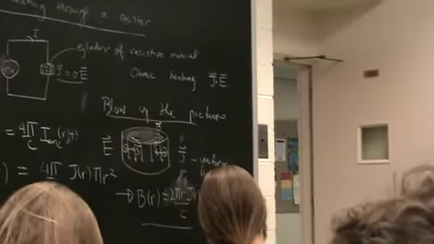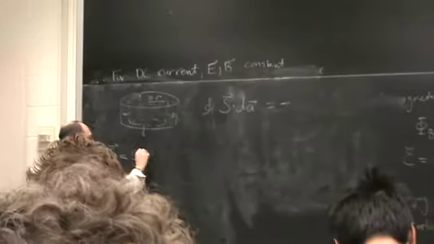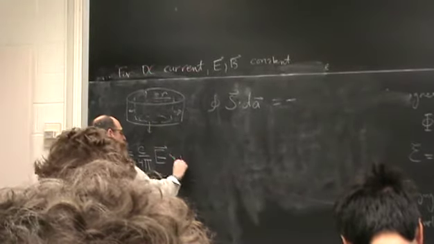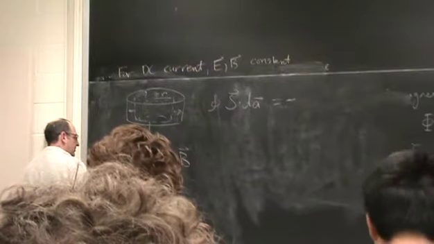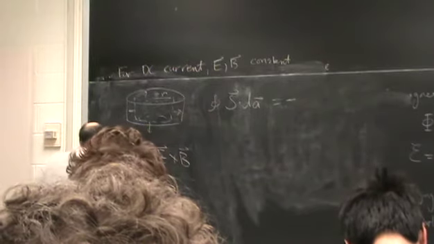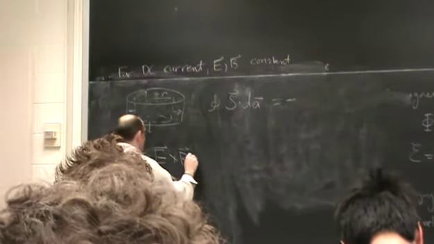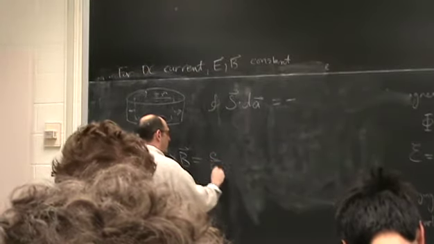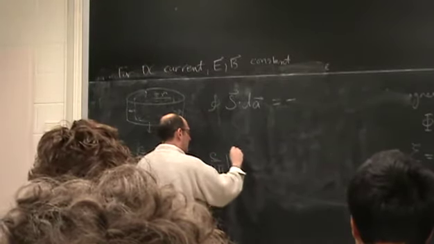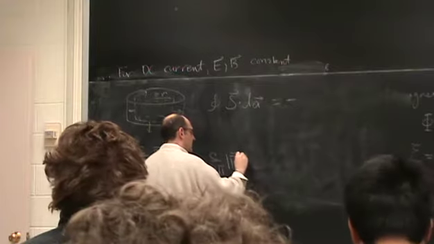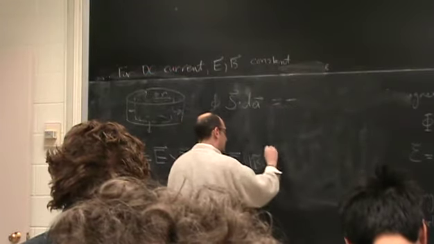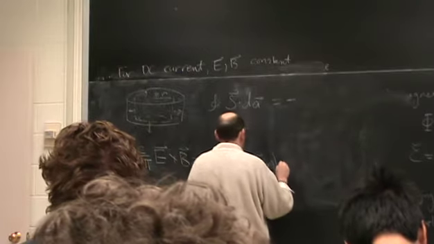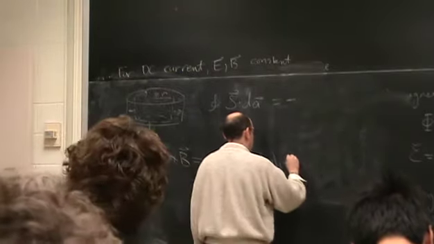We need to find out what is, so S is equal to c over 4 pi E cross B. So the magnitude of S is equal to c over 4 pi, magnitude of E, the magnitude of B at that radius, in the minus rho hat direction.